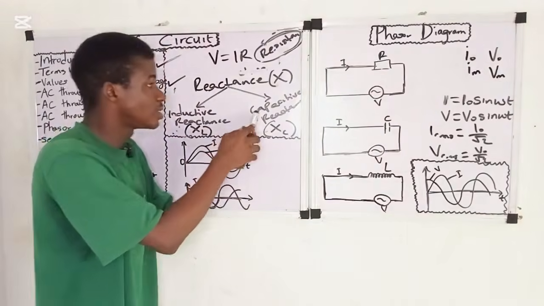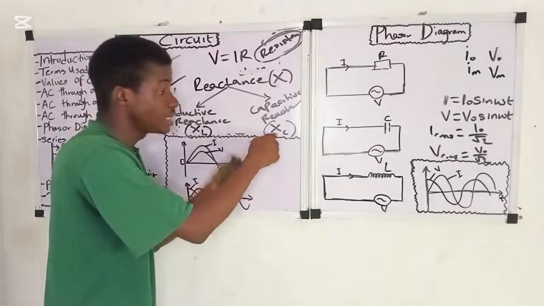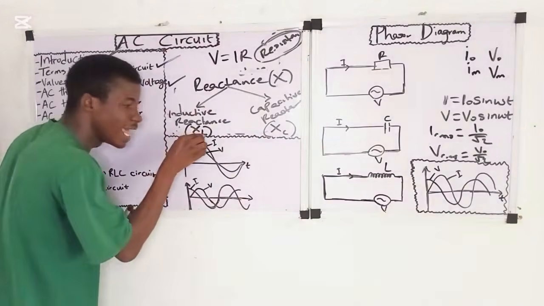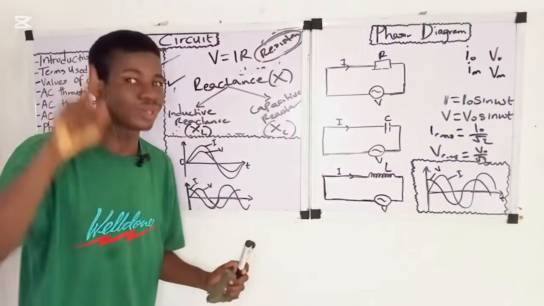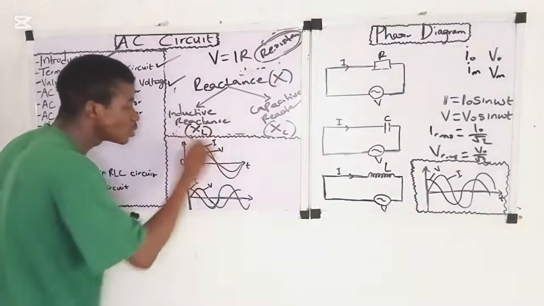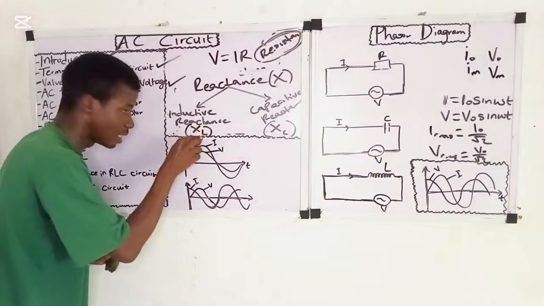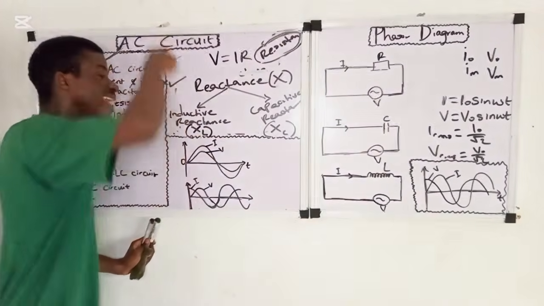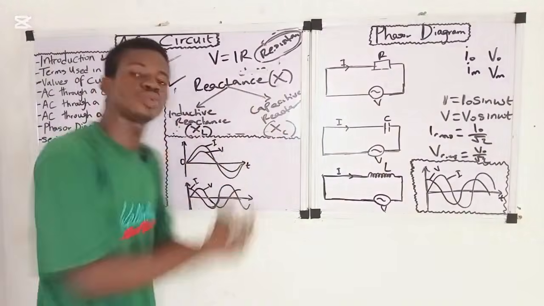So if you see this, it means capacitive reactance. When you see the subscript L, it means inductance. So when you see X with subscript L, you know that you're talking about inductive reactance.